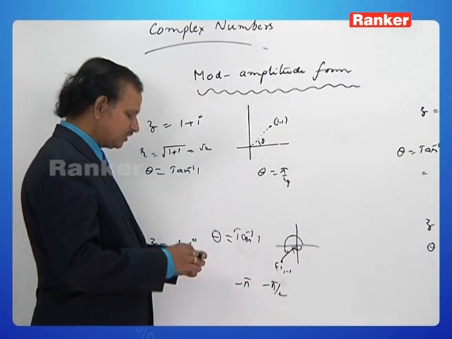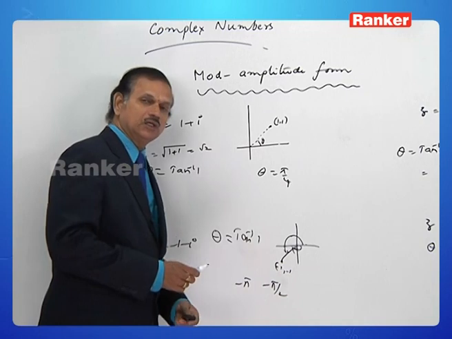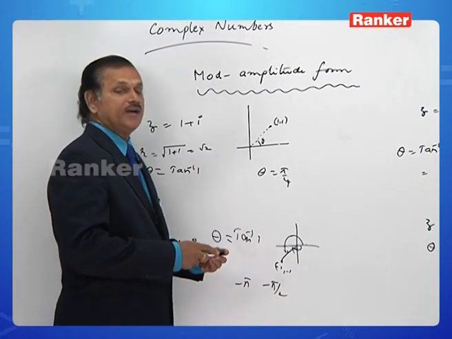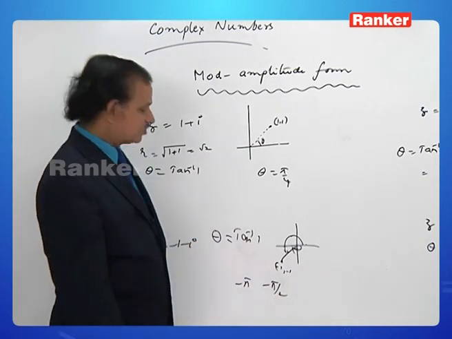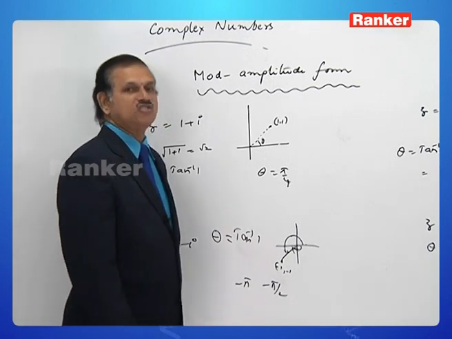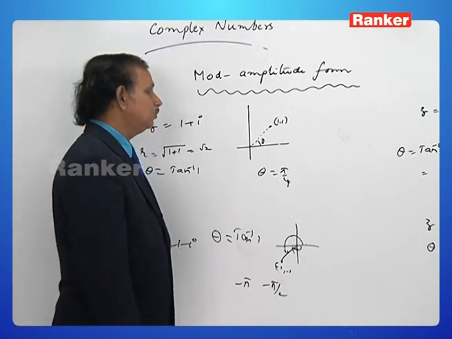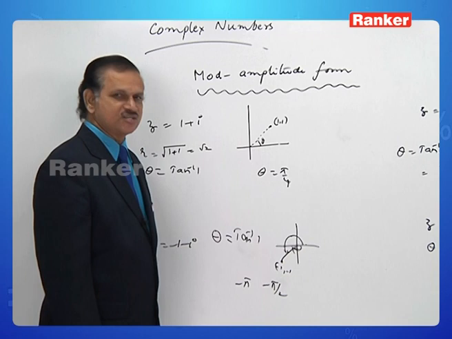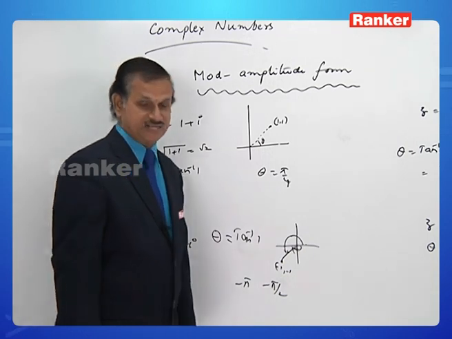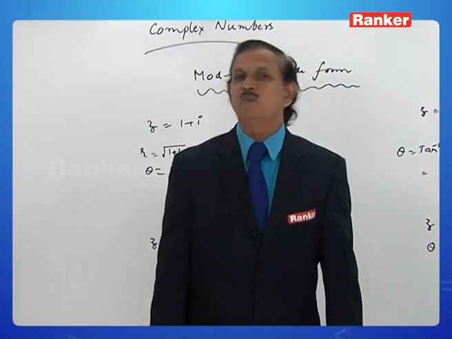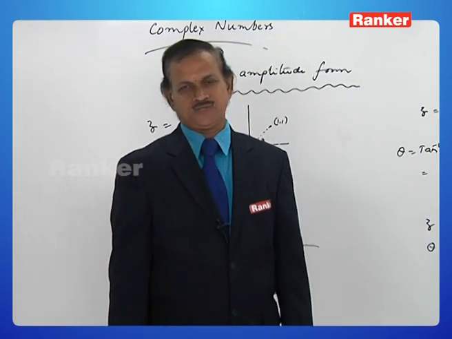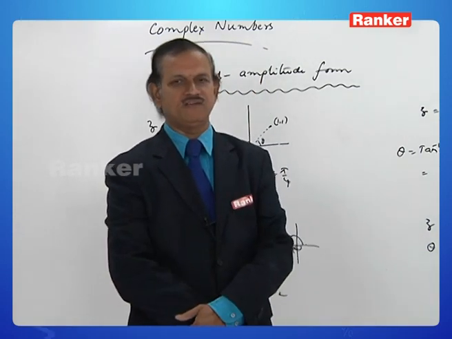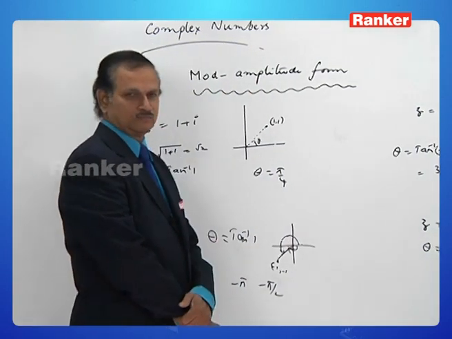Therefore, in order to decide the standard amplitude, you have to know the quadrant in which the point corresponding to the complex number is placed. According to that quadrant only we fix the standard amplitude.